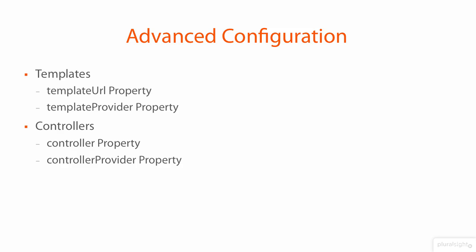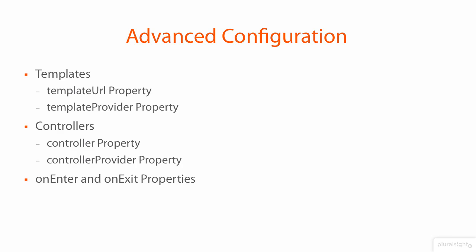The other option for specifying a controller is the controller provider property. You assign to it an injectable function that will return either a controller function or a string representing the name of a controller constructor. Just like the template provider property, this gives you more dynamic control over how you specify the controller for a state.